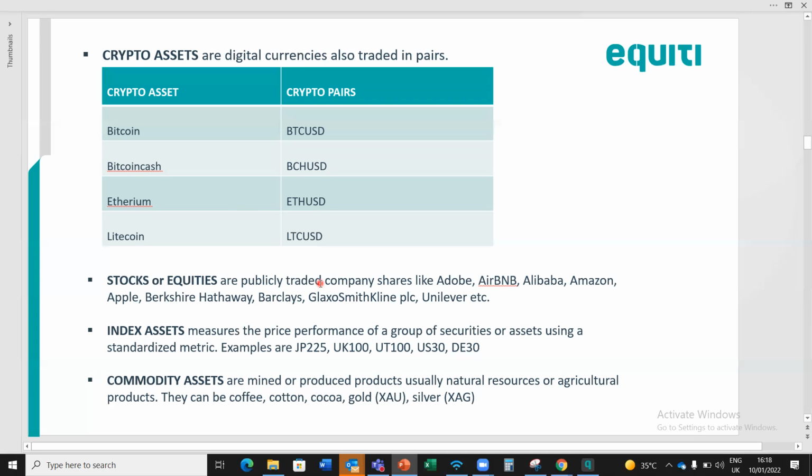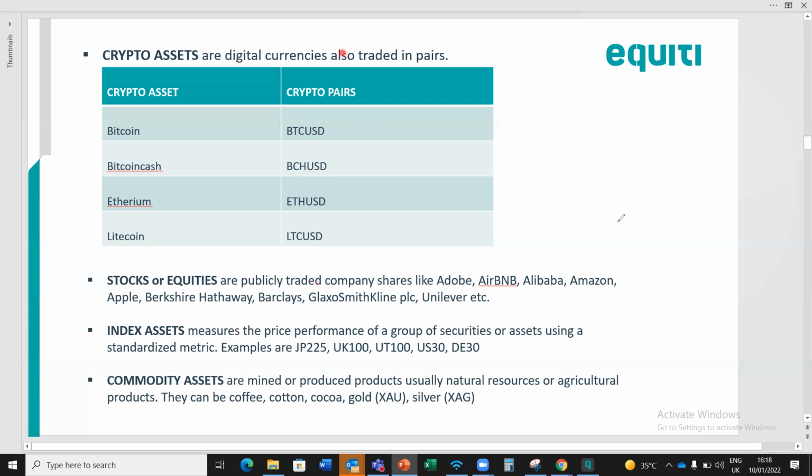Now, the next we're going to look at is the index assets. An index asset measures the price performance of a group of securities or assets using a standardized metric. I'm going to explain that in a very simple way.